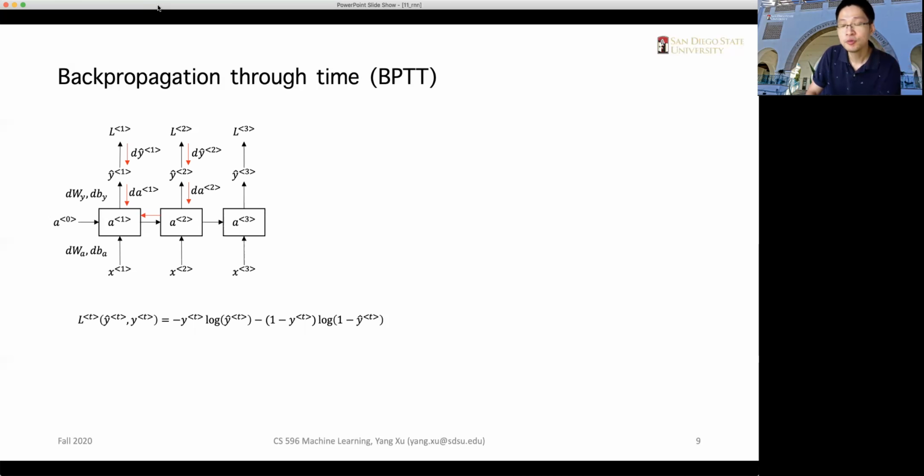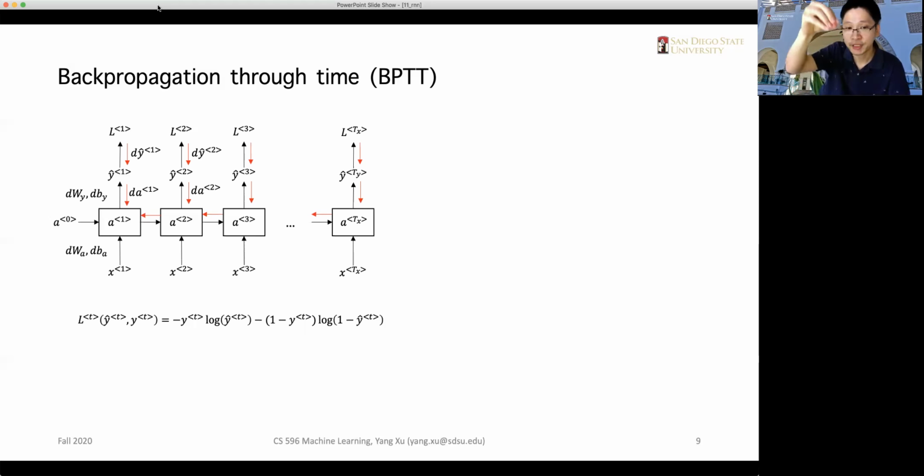And so is the next time step. The gradients from the loss of time step 3 will backprop back to A2 and all the way back to A1, as indicated by these red arrows. And even for the last time step, the computation of the y hat of the last time step will result in some gradients, and those gradients will backprop all the way back to the first activation.